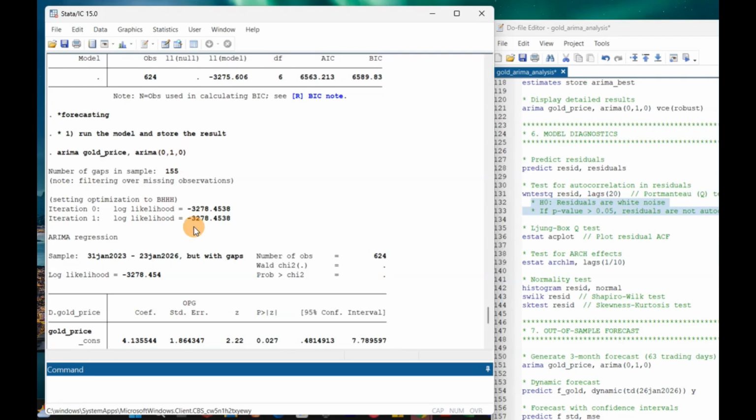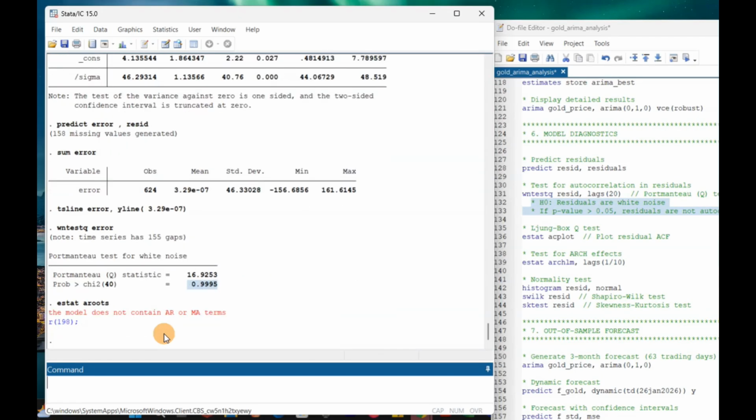So let us type TS time series append, comma, add 70 days.